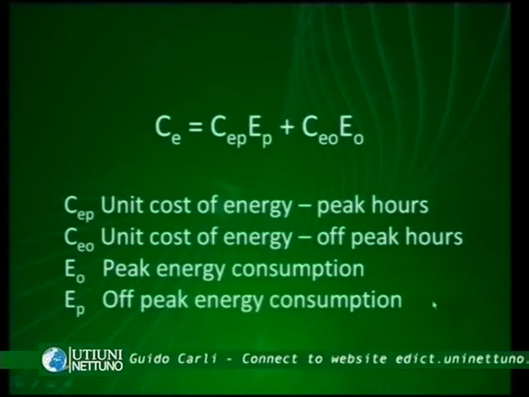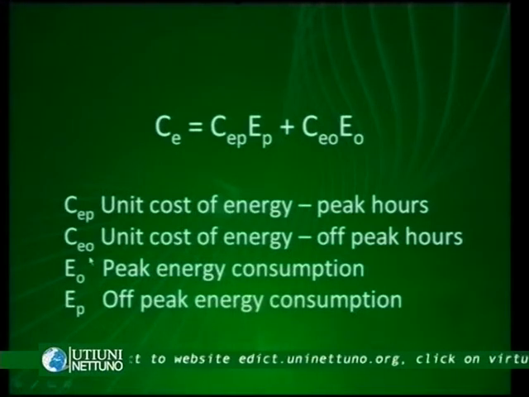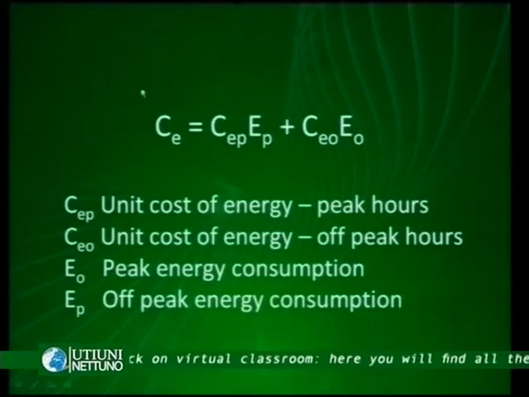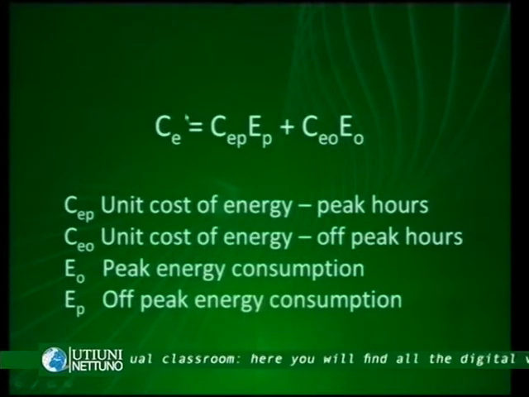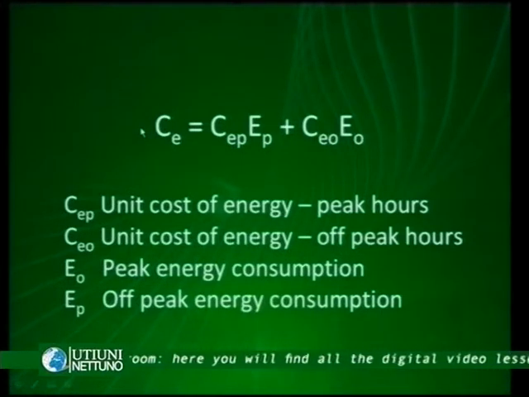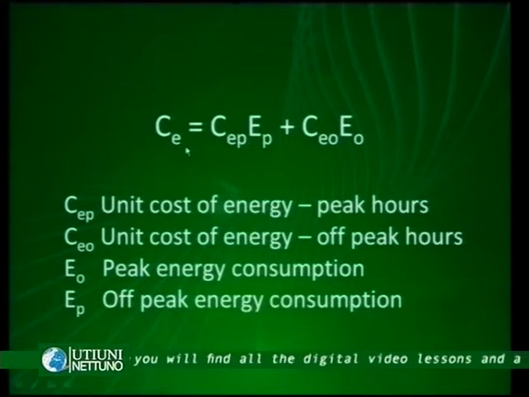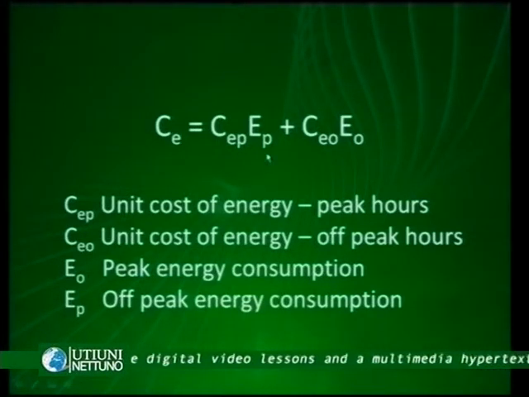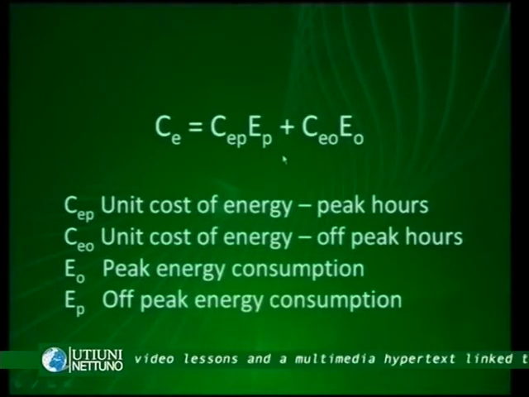So we have prices here, CEP and CEO, and quantities, volumes, EP and EO. So the general cost, which is the variable part of the cost of energy that we're seeing, CE, is just the sum of price times quantity, both for peak hours and off-peak hours.